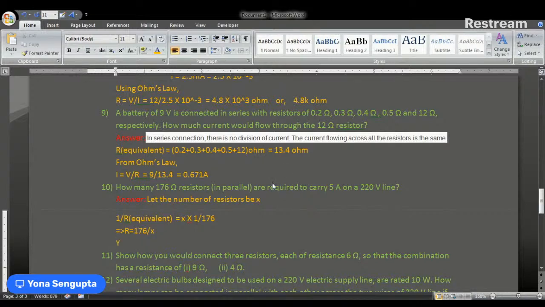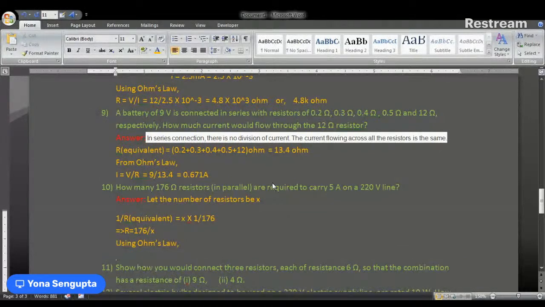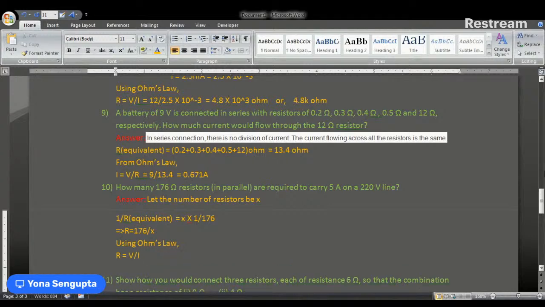Now what will we do? We will be using Ohm's law. After this, we know the formula, very easy, R equals V by I. So now we substitute the values here.